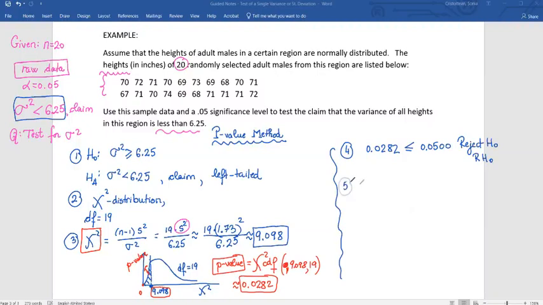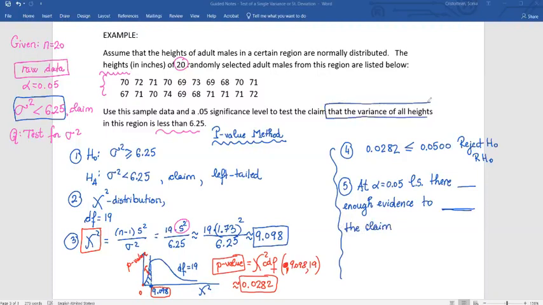So step 5, we will say again at alpha equals 0.05 level of significance, and I'm going through the process again. Just make sure you know how to fill in the blanks and what makes sense. And this time I will let you copy all of this down. The claim that the variance of all heights in this region is 6.25.